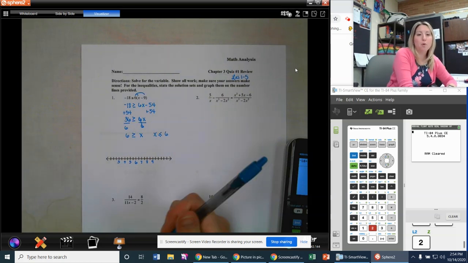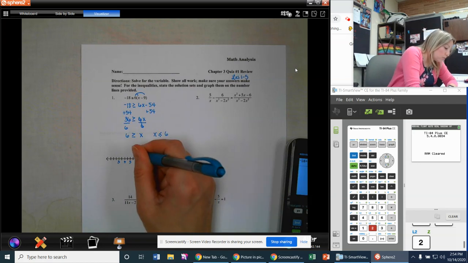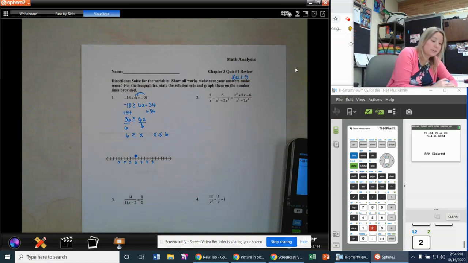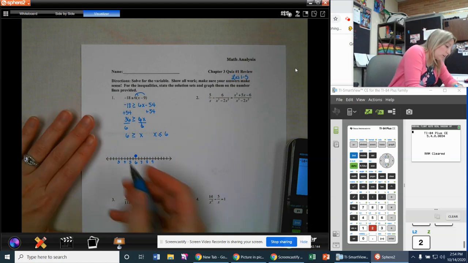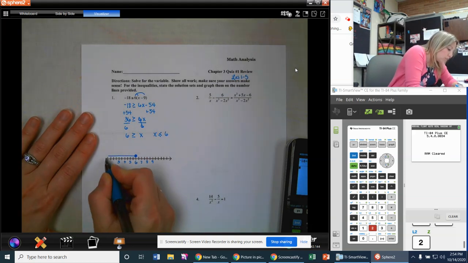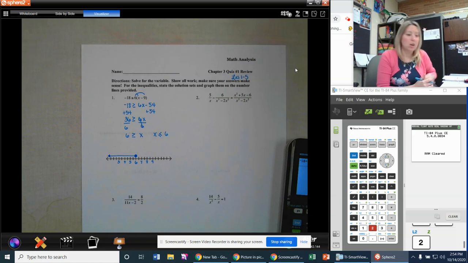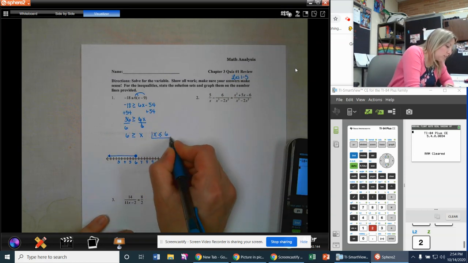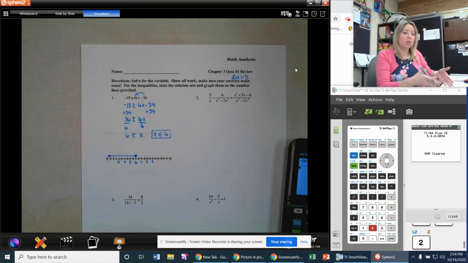But 6 is my number in question. It gets a closed dot, and x has to be less than or equal to 6, so less than, left. There you go. So not only do you need the answer, you also need, for an inequality, to have the solution set on a number line.